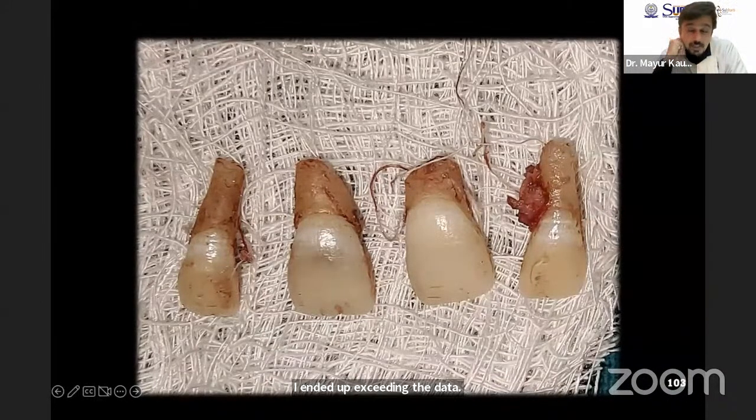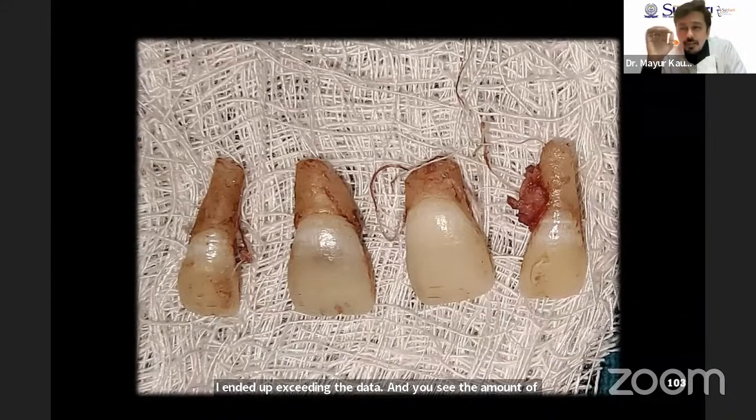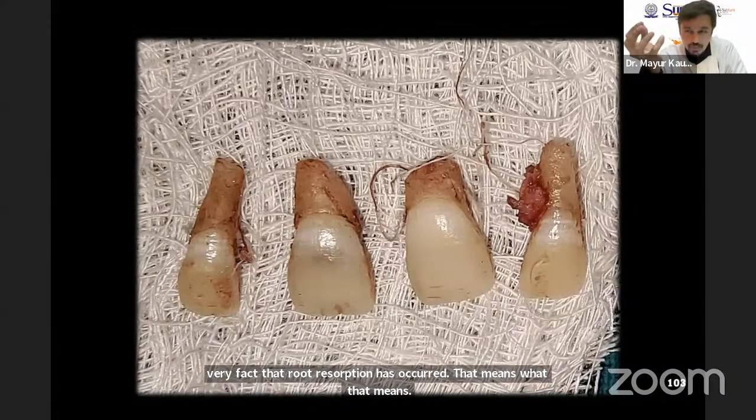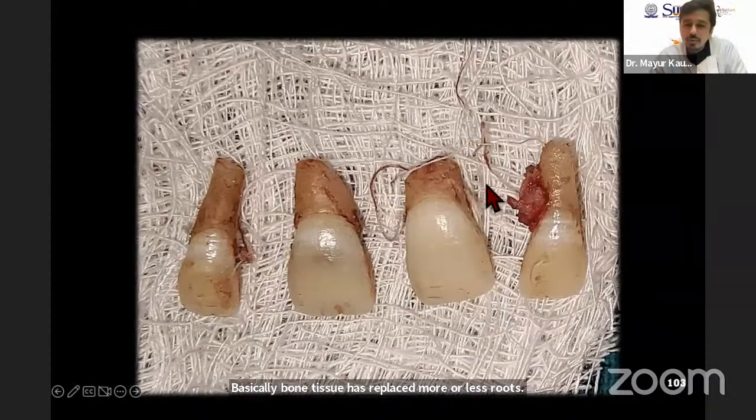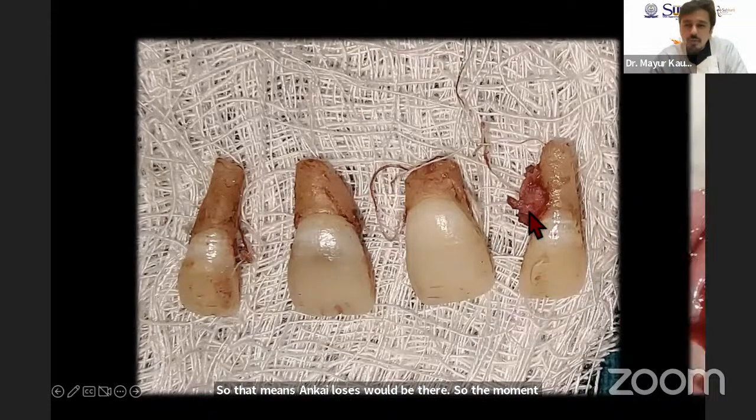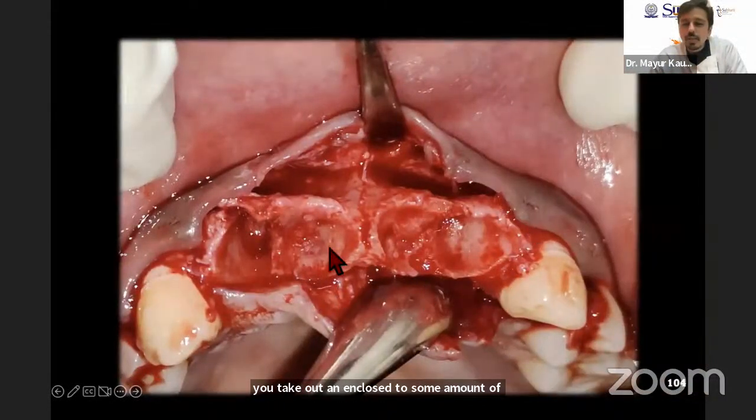The problem here is, no matter how much you try atraumatic root extraction, the very fact that root resorption has occurred means that bone tissue has more or less replaced the roots. So ankylosis would be there. The moment you take out an ankylosed tooth, some amount of bone comes out with it. So ultimately, this was the shattered site that we had.